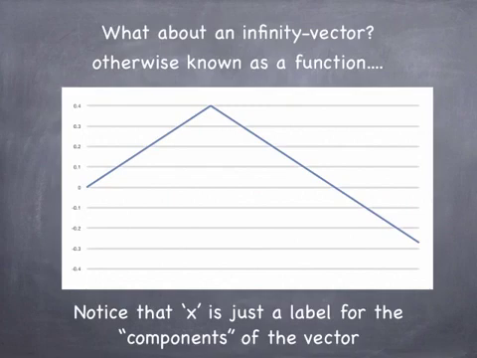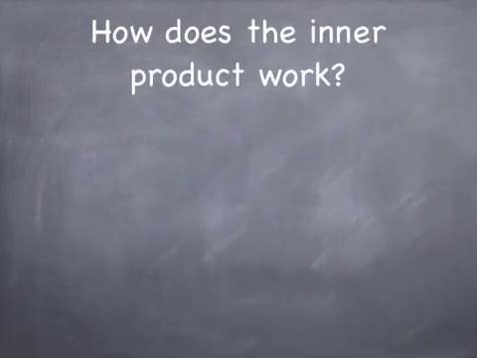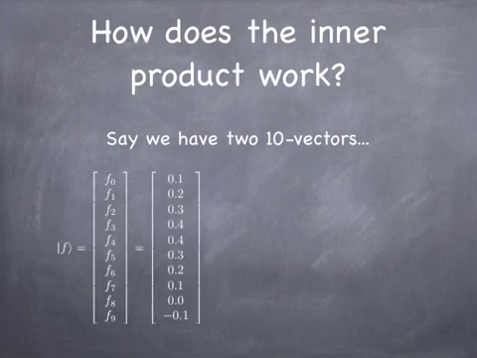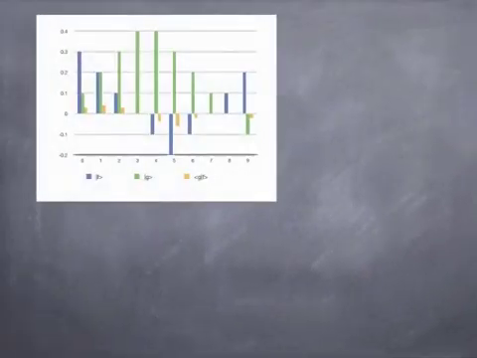Okay, so moving ahead. How does the inner product work with a very large dimensional vector? With a 10 vector, you'd have an f vector that looks like this and a g vector that looks like this. What do we get when we take the inner product? Well, one way to look at that is as a bar graph.